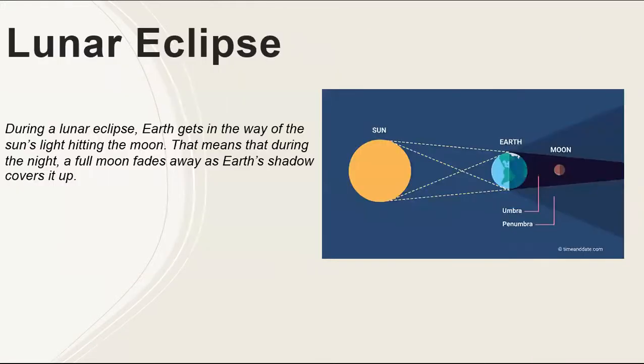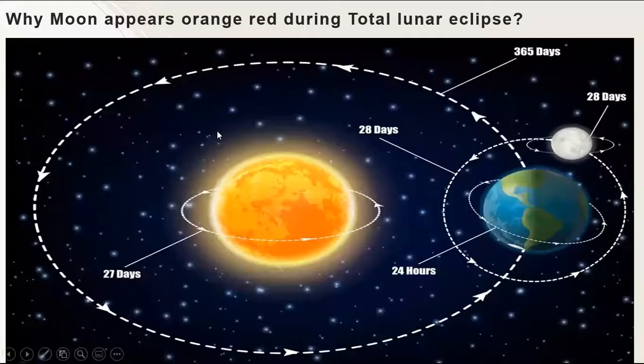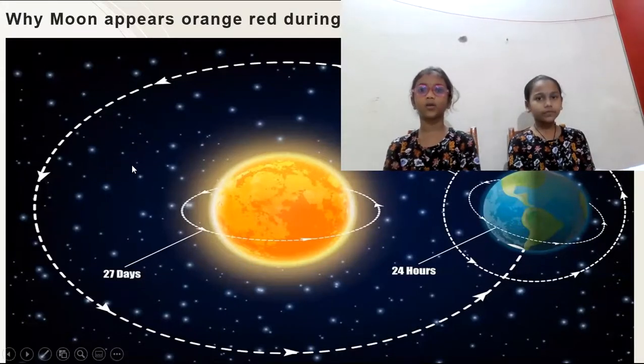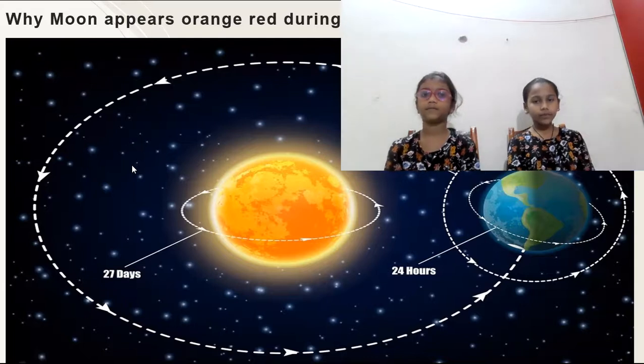Lunar eclipse. During a lunar eclipse, Earth gets in the way of the Sun's light hitting the Moon. That means that during the night, a full moon fades away as Earth's shadow covers it up. Why does the Moon appear orange-red during a total lunar eclipse?